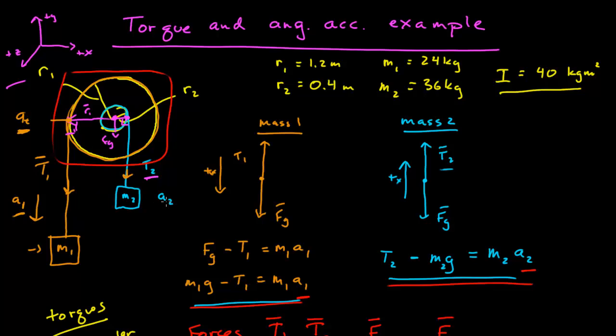Now I can do the same thing on the other side. If mass 2 has an acceleration a2, that is the same as the tangential acceleration at the outer point of the inner cylinder, which is equal to the angular acceleration alpha times the inner radius, r2.